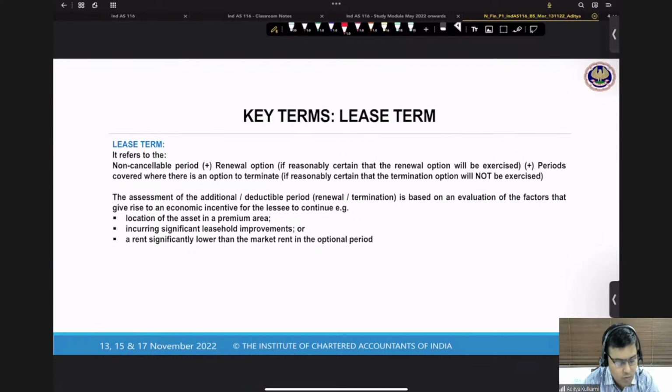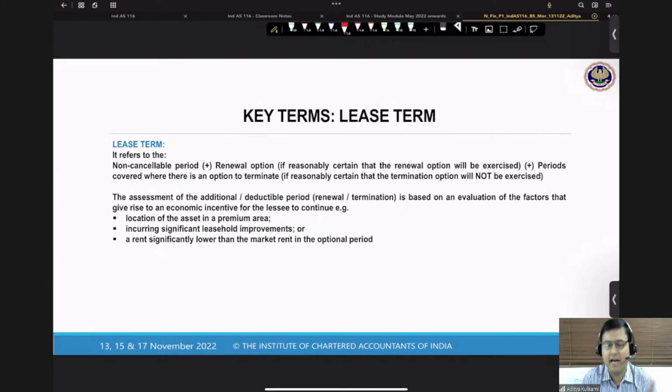Now we come to the first most important definition of today. Two things will be very important.